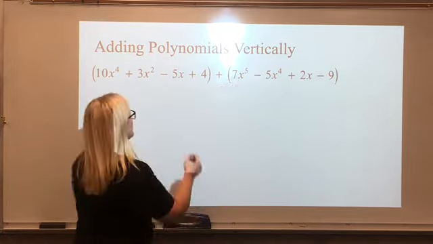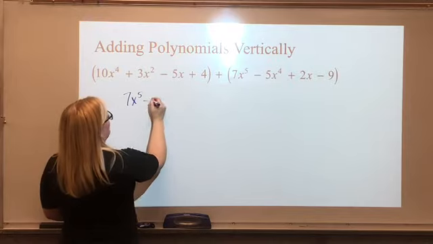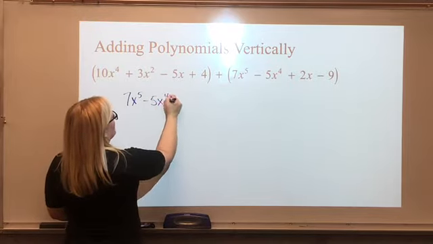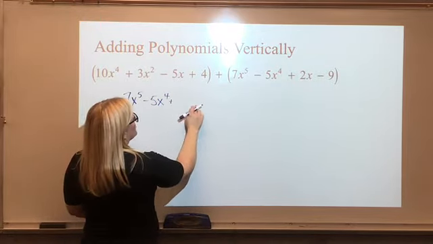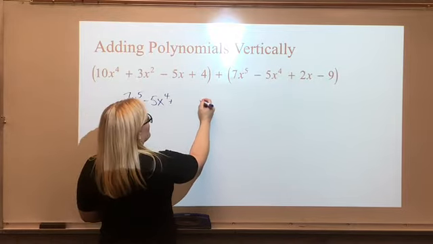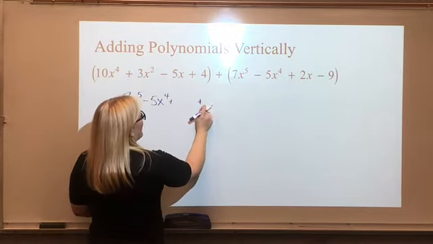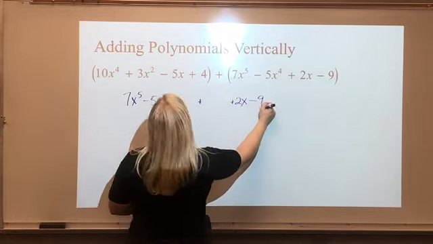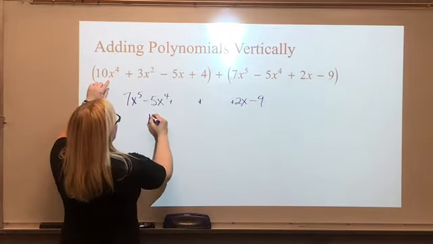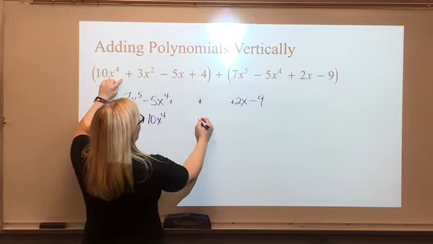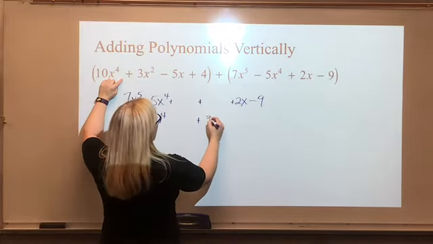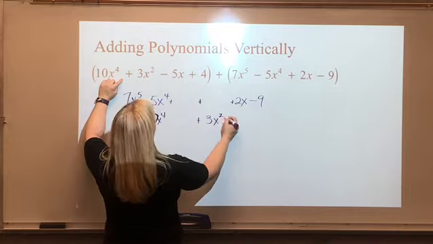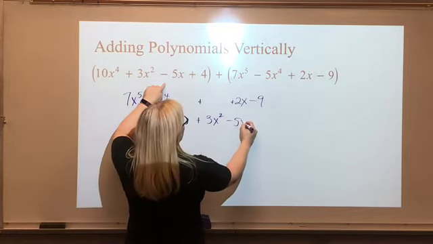I'm going to leave a spot for x to the fourth. Oh, well, I do have x to the fourth, so I can just put that in. Then I would leave a spot for x to the third, even though there isn't one there. Then I have x squared, and then I've got 2x minus 9. So here I would have 10x to the fourth plus 3x squared minus 5x.